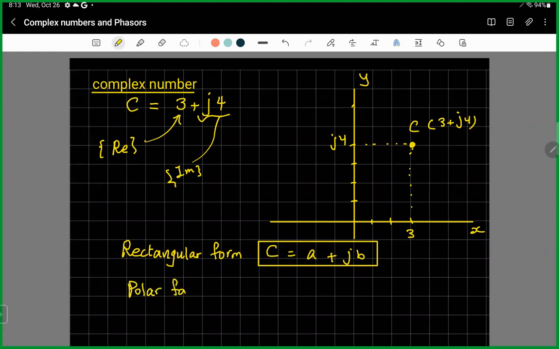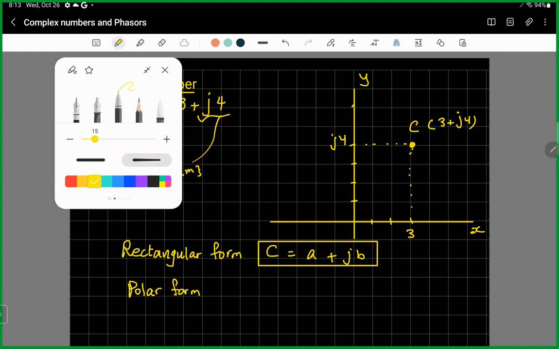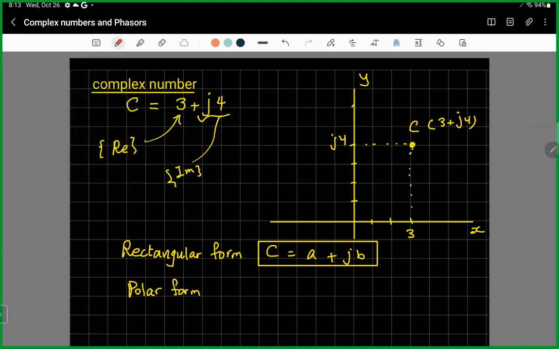There is another form called polar form. What does polar form mean? It means you want to find the length of the vector and the angle. So let's choose a different color here. If you connect the origin by this line, you can make a triangle here, right?